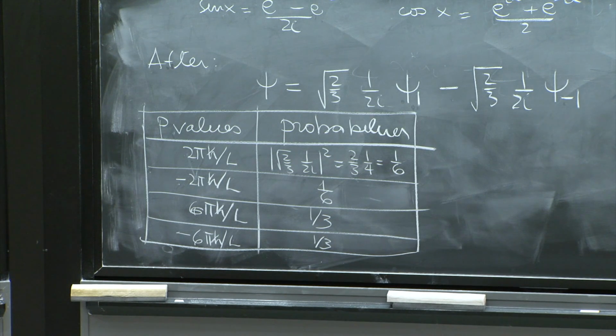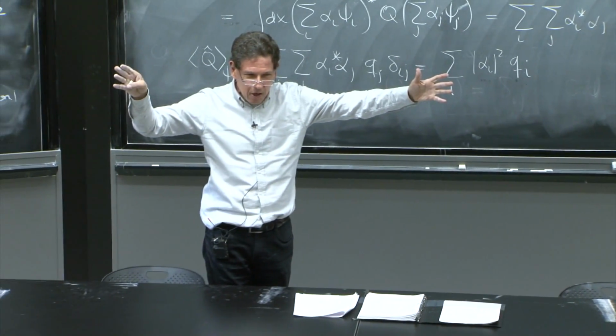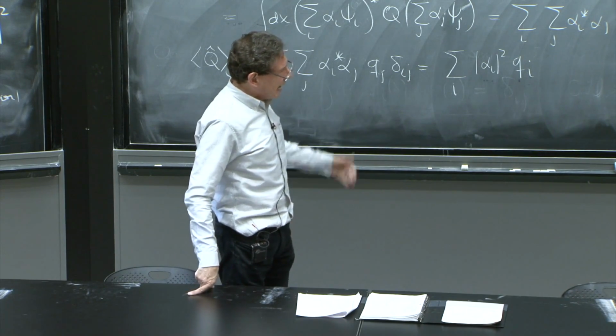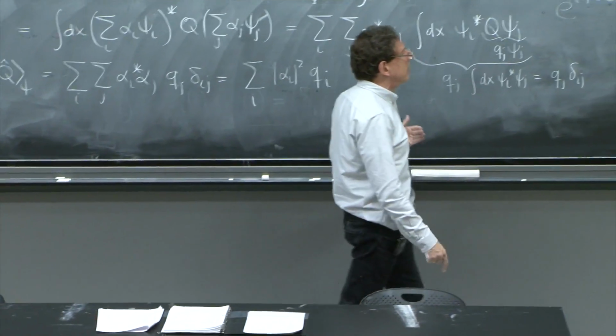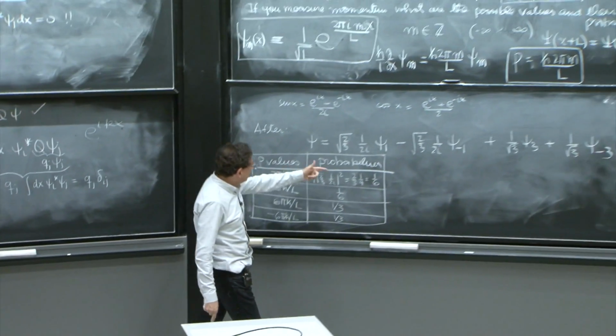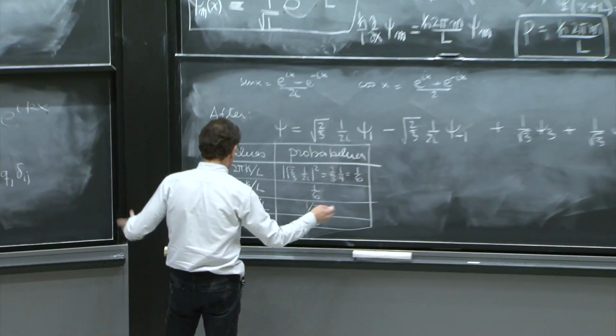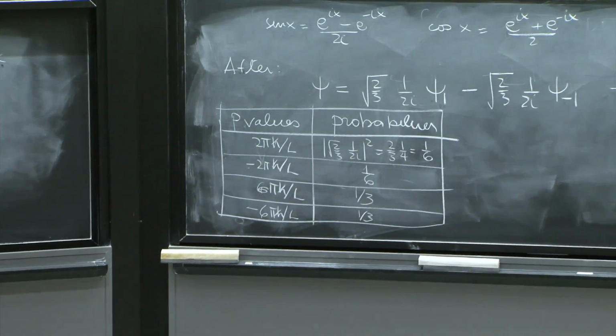So there you go. That's the theorem expressed in a very clear example. You had a wave function, you wrote it as a sum of 4 momentum eigenstates, and now you know, if you do a measurement, what the possible values of the momentum are. This should have been probability 1/6. Yep. You can do anything you want.